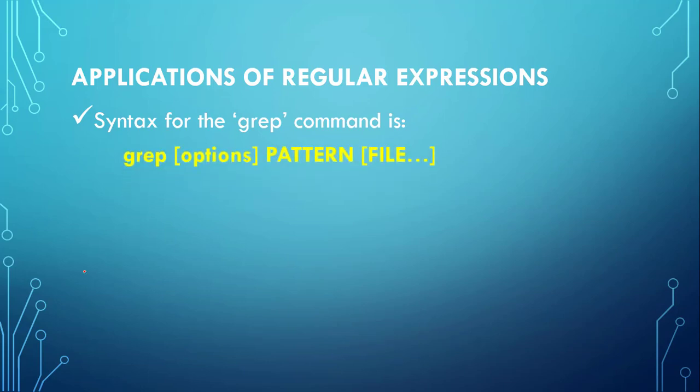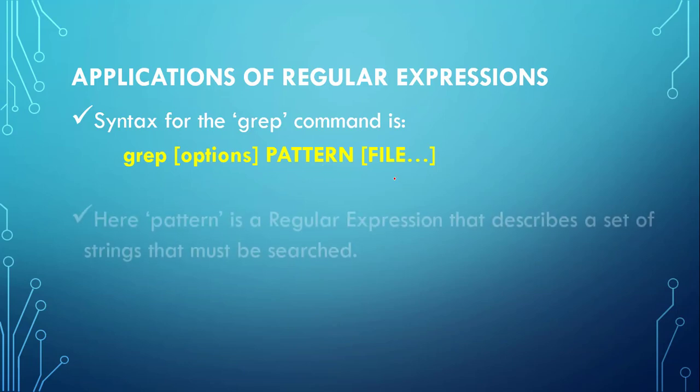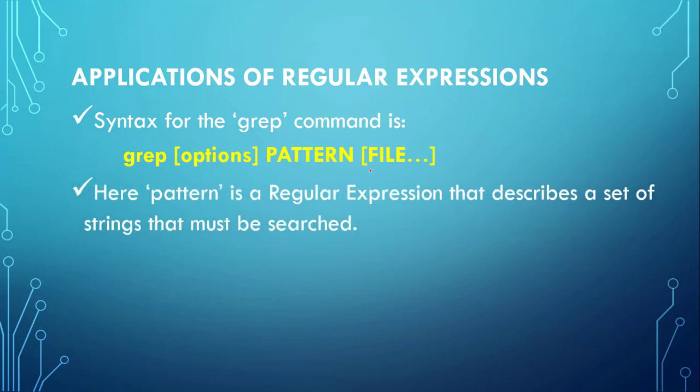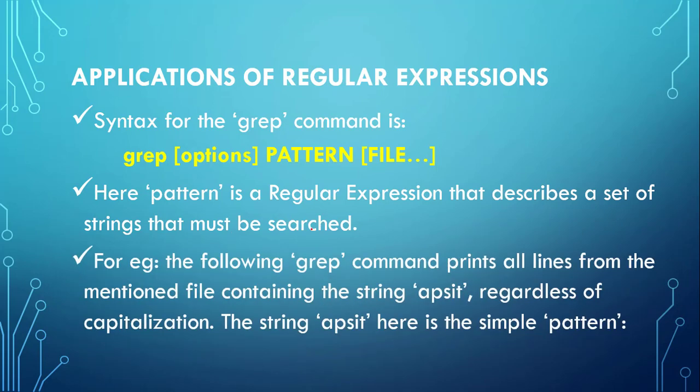First we will understand the syntax of the grep command. It says grep, some options, that is what operation you want to perform, a pattern to find, and a file, that is the list of files in which you want to find the pattern. Your pattern is the actual regular expression that describes what exactly you want to search.